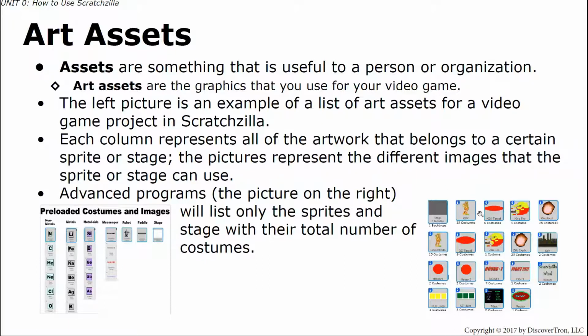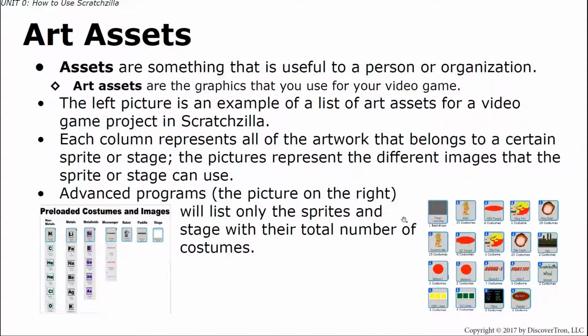As we get more advanced, our programs will start looking like this whenever we provide the instructions for you. And you'll see just a list of all the different sprites, and then we'll have a number below it that tells you the number of costumes. If this doesn't make sense, that's okay, because we haven't gotten to sprites.